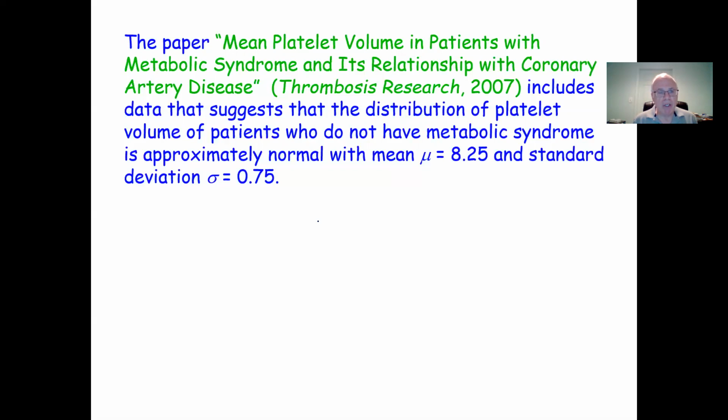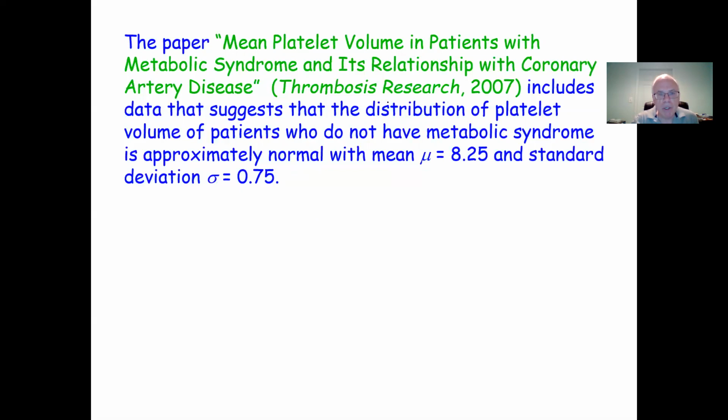It includes data that suggests that the distribution of platelet volume of patients who do not have metabolic syndrome is approximately normal with a mean of 8.25 and a standard deviation of sigma equal to 2.75. Now these are population parameters here. The mean mu means population, and the sigma here, population. This is population mean, population standard deviation.